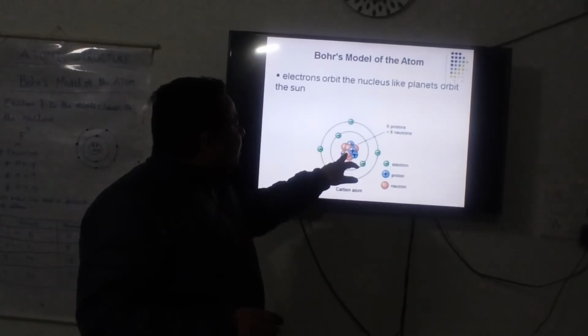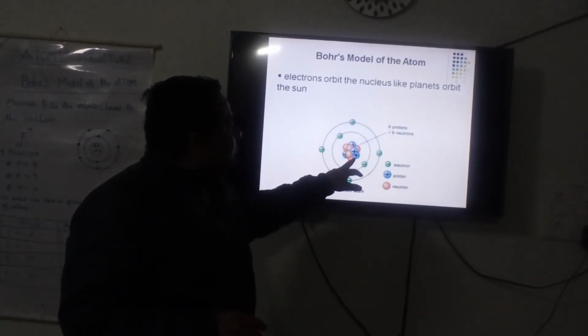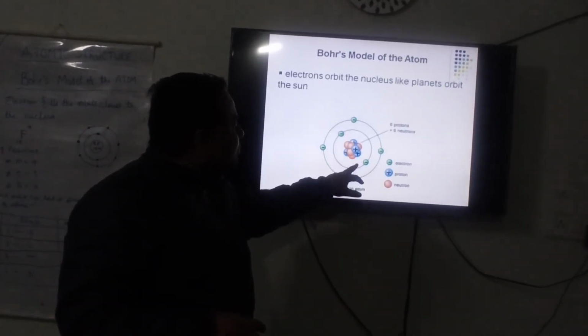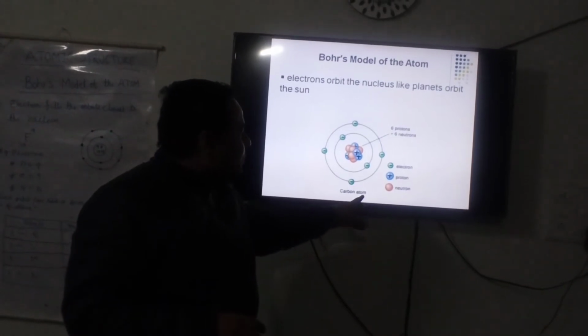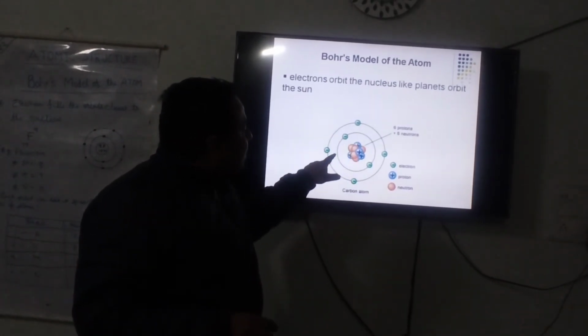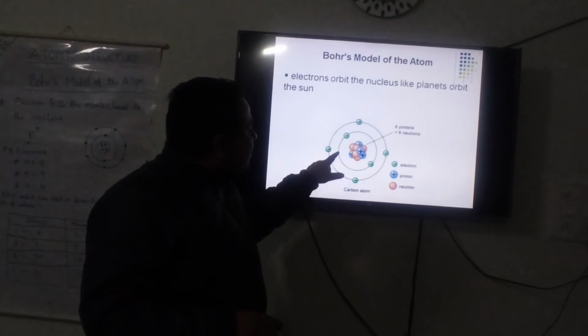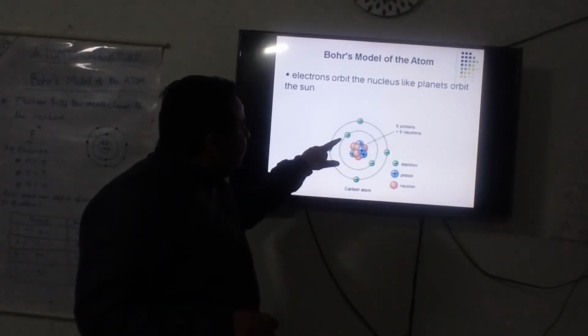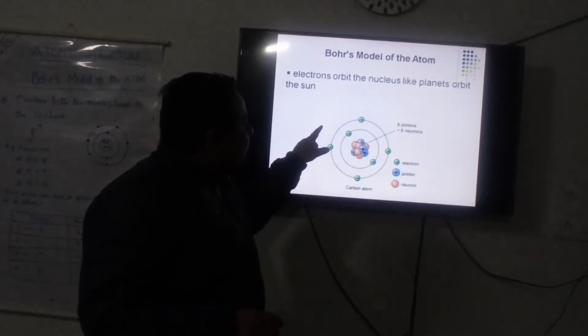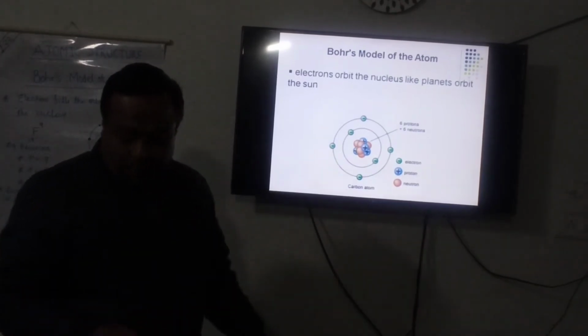It is an almost similar concept to that given by Rutherford. Here is the nucleus, which consists of 6 protons and 6 neutrons. It is a carbon atom, and the electrons, which are negatively charged, move around that nucleus in a circular orbit.